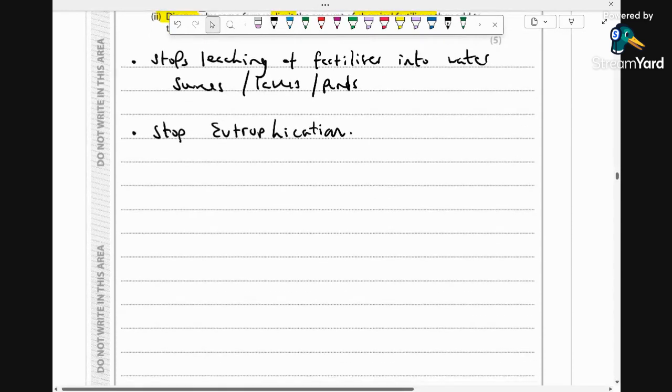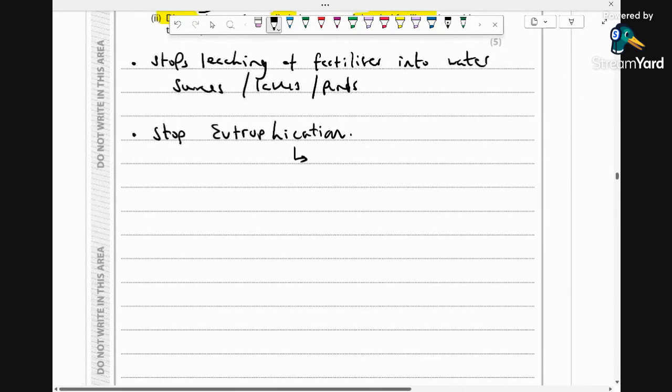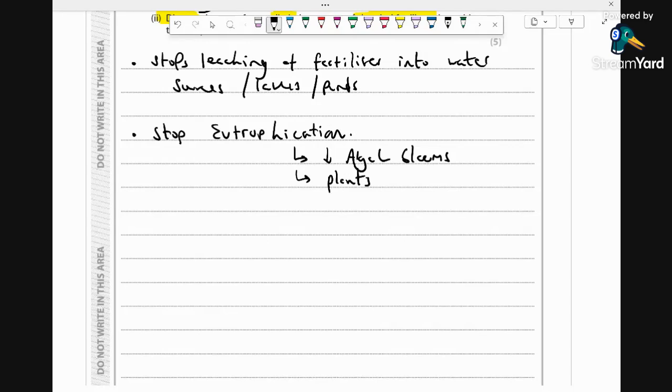So just to be clear, this will decrease algal blooms, which will mean plants can photosynthesize, and essentially fish and aquatic life can survive.